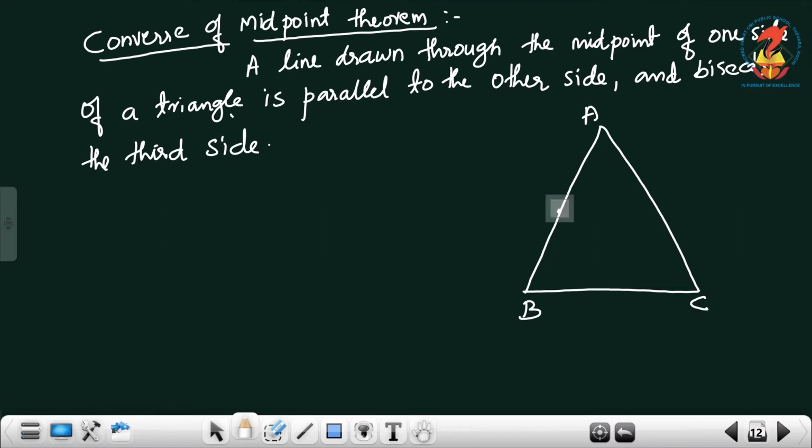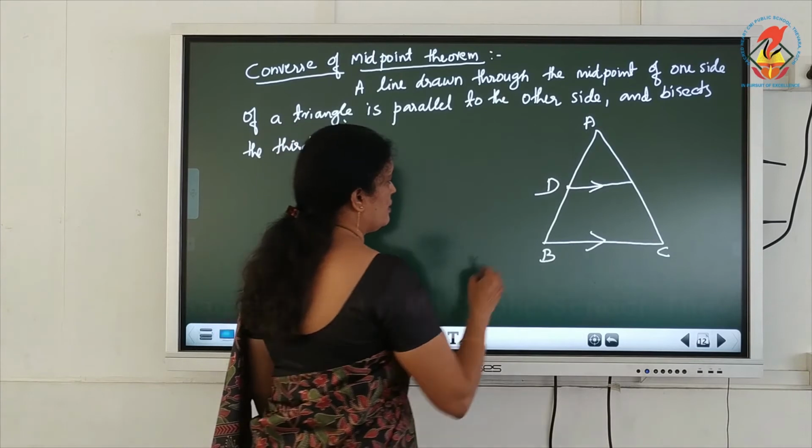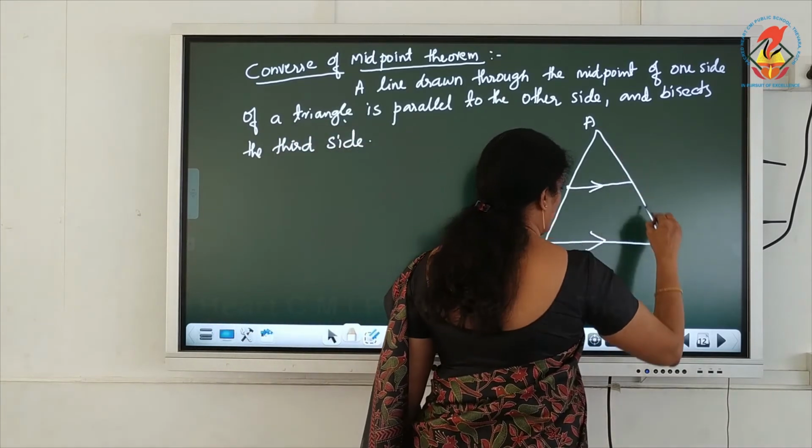Okay. D is the midpoint of AB. From this point you draw a line to the other side. This line is parallel to BC and this line bisects the third side.